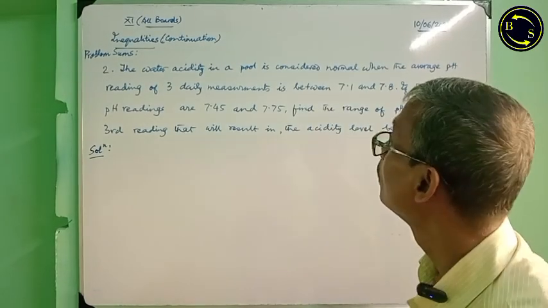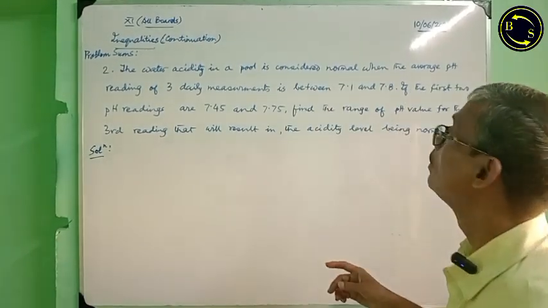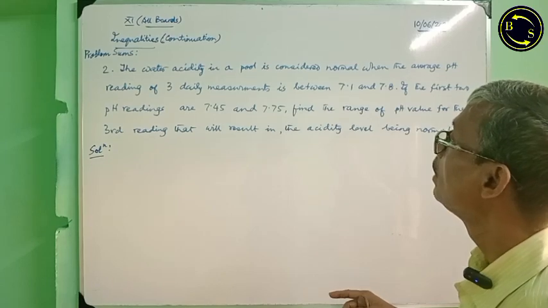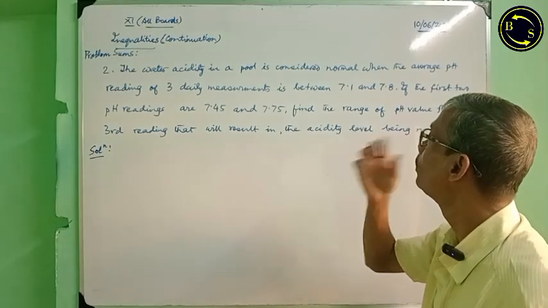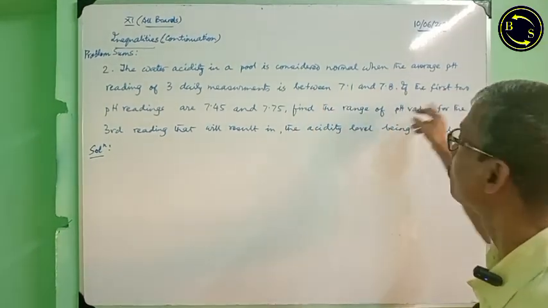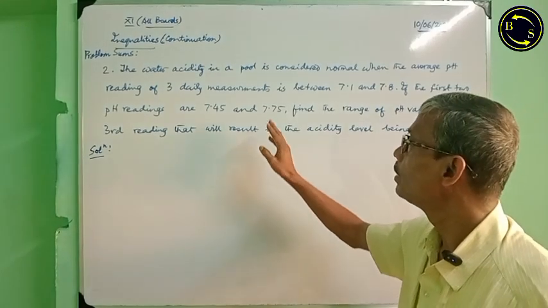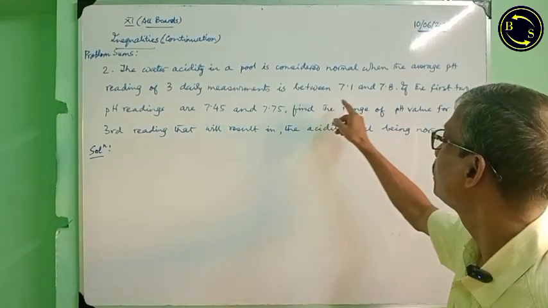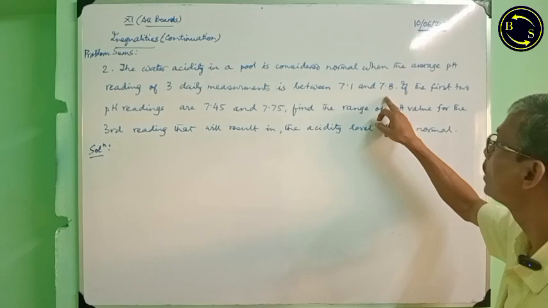Next sum, another application. The water acidity in a pool is considered normal when the average pH reading of 3 daily measurements is between 7.1 and 7.8.